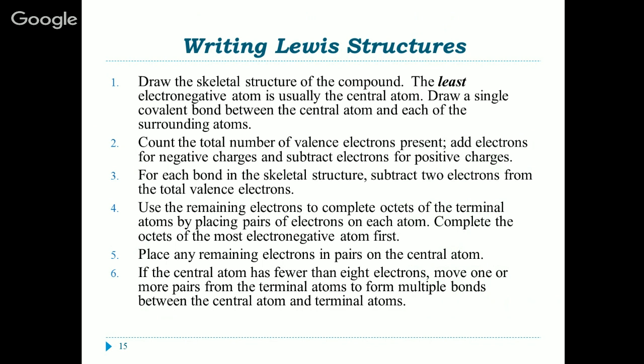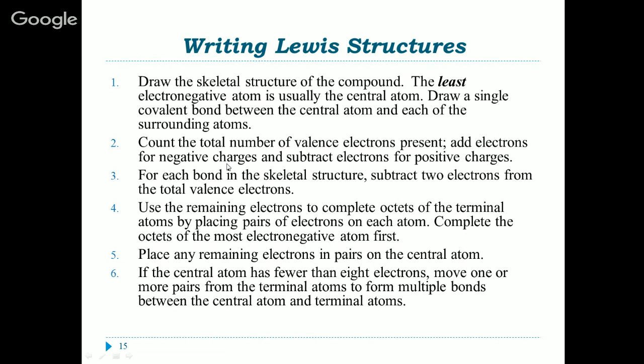So how do we write out the Lewis structures? Well, we have to be given a chemical formula and identify which atom is going to go in the center. Usually the central atom, there's only one of them, and it's most often the least electronegative atom. So we have to have a total count of the number of valence electrons present, and those all have to show up in the structure somehow, whether they are in a bond or represented as a lone pair.